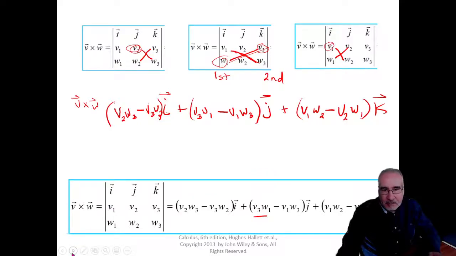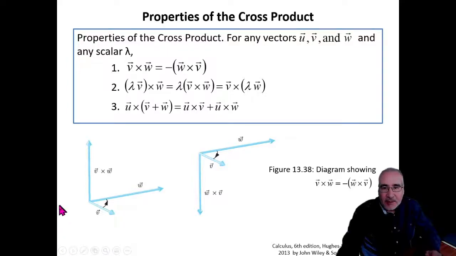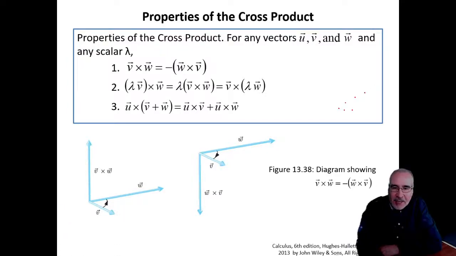Okay, let's look at an application. Or let's look at some properties first. Remember you've got your parallelogram here with a theta, and then your cross product is a normal, a 90-degree vector coming up out of there. Then you could use the right-hand rule.